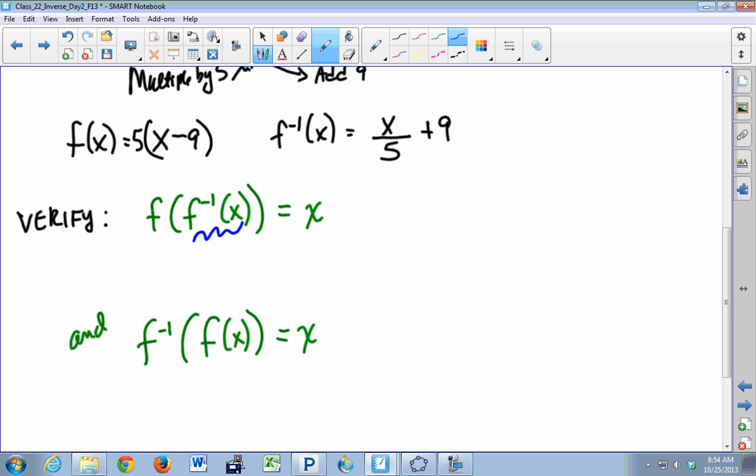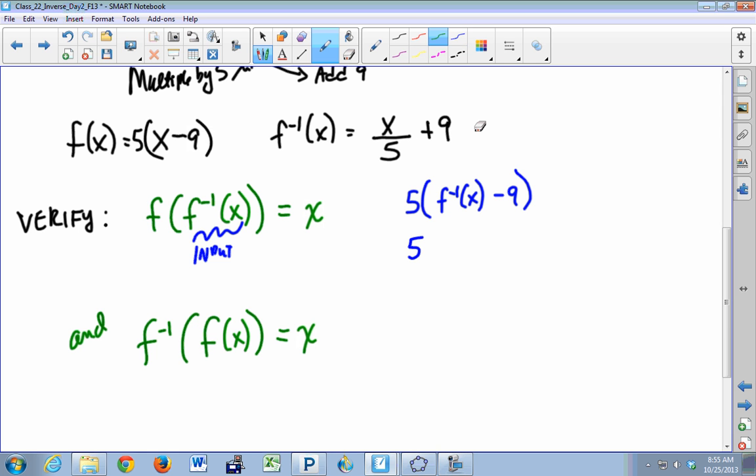This is what you're giving f. That's your input. So you go back to your f function, and wherever you see x, you put in f inverse of x. You subtract 9 from that, and you multiply the whole thing by 5. Now you say, well, what the heck is f inverse of x? And you look at your formula, and it says f inverse of x is x divided by 5 plus 9.